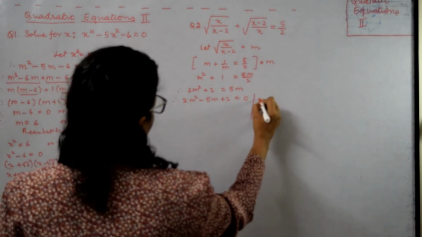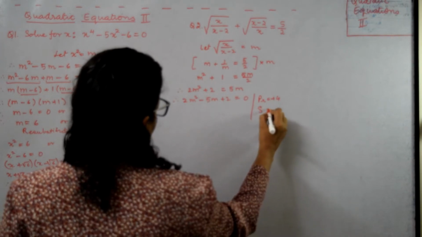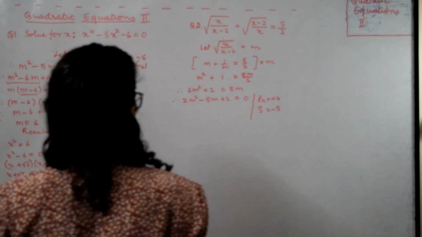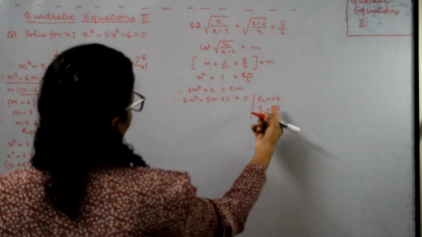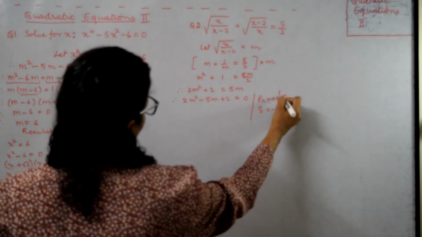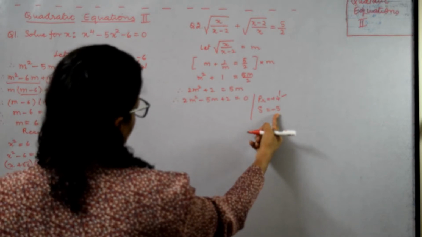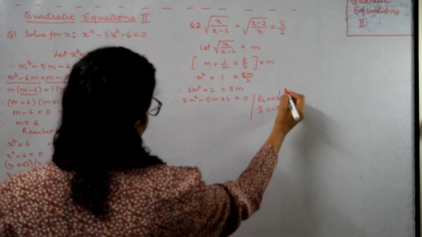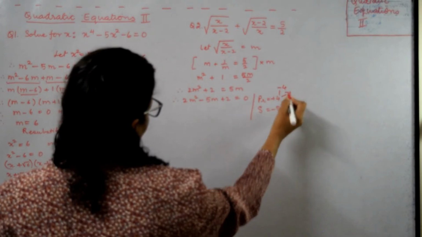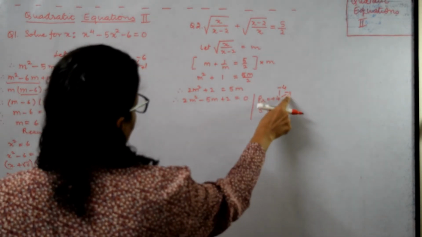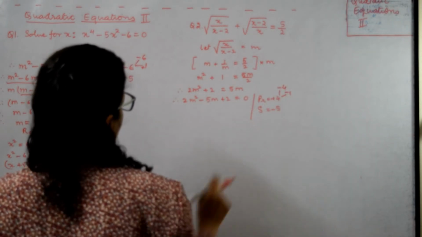Now you will see that here the product is plus 4 and the sum is minus 5. Since the product is plus 4 and the sum should be 5, both the numbers should be less than 5. So factors of 4 which are less than 5 are 4 and 1. So you will get here minus 4 and minus 1, double check. If you multiply these two, do you get this? Yes. If you add these, do you get this as the sum? Yes.